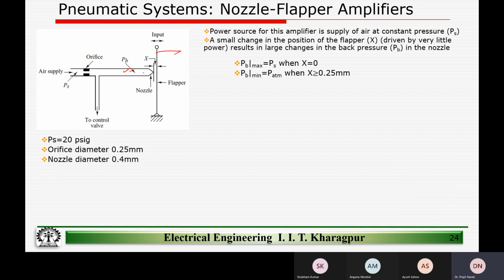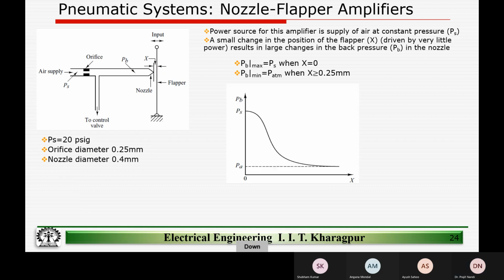So the back pressure will be equal to the atmospheric pressure when X is significantly more than the orifice diameter, right? We have the orifice diameter here as 0.25, and if the flapper moves far away compared to this orifice diameter, then the minimum back pressure will be equal to the atmospheric pressure, right?